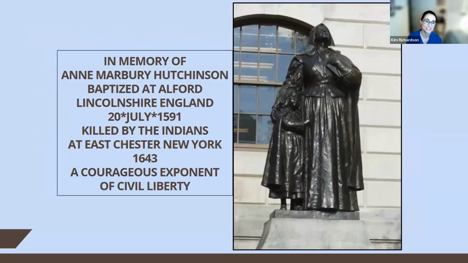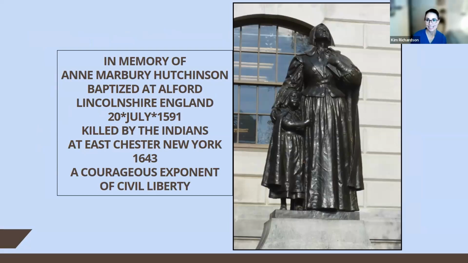The state of Massachusetts came back and eventually sort of made amends with Anne much later. She has a statue erected at the Massachusetts State House where she is here depicted with Susanna, and it says that this is in memory of her, that she was a courageous exponent of civil liberty.